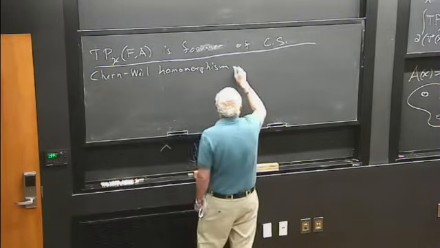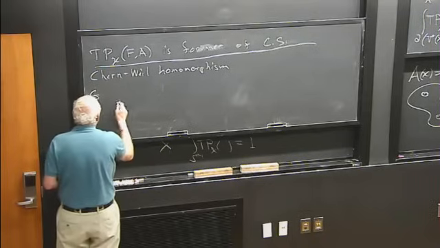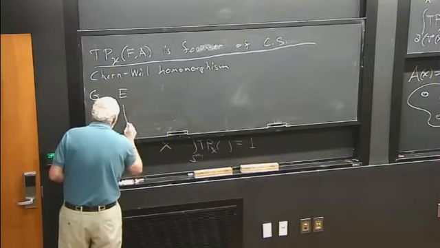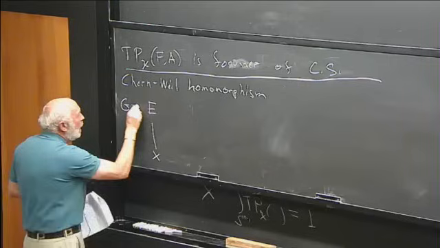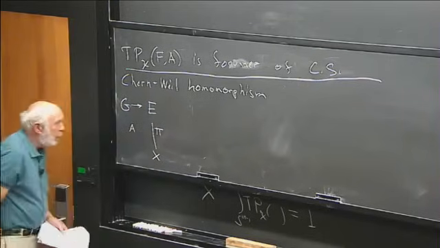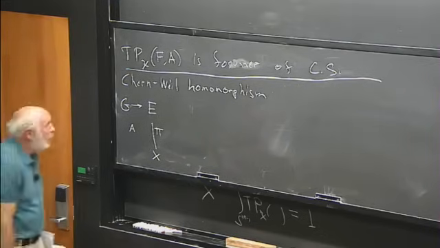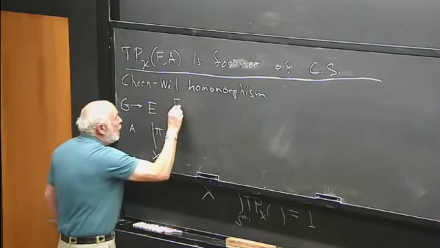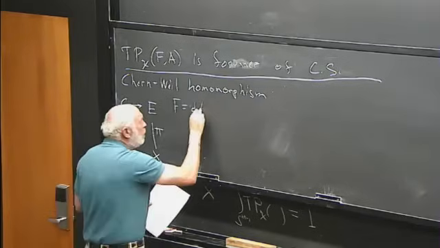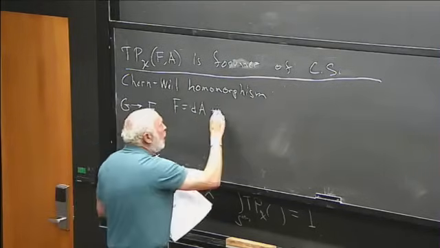So now we're going to look at a G bundle, a principal G bundle, E, over a space X. Again, with the connection, which I will, out of deference, call A. And the curvature F is equal to dA plus a half, or was it minus, plus a half, A bracket A.